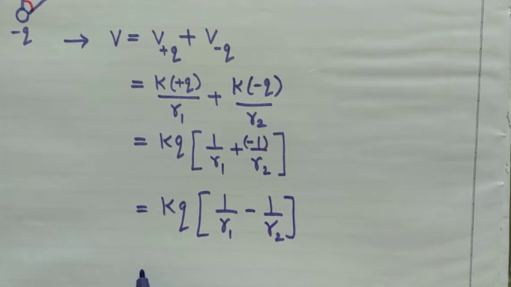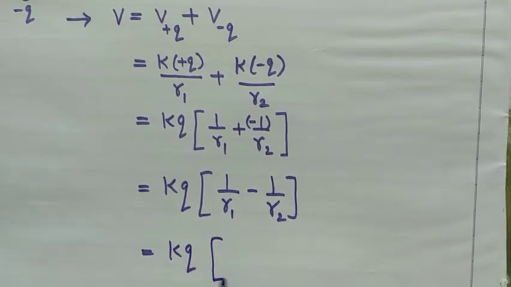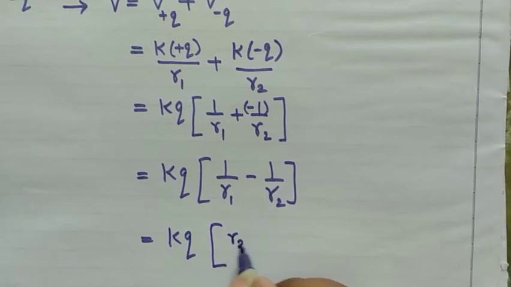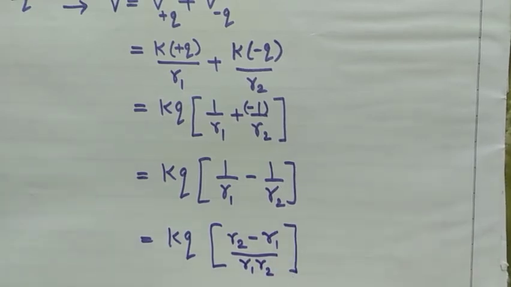If I further solve this, I get R2 minus R1 upon R1 into R2. Now I need to obtain these values, and if I substitute them in this equation, I'll get the total potential at point P due to the dipole.